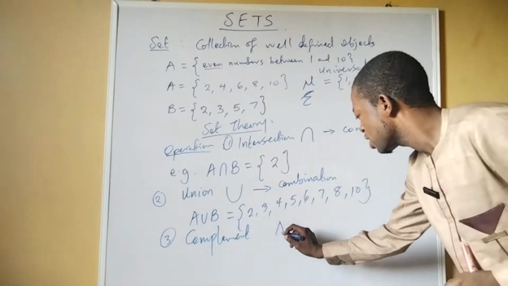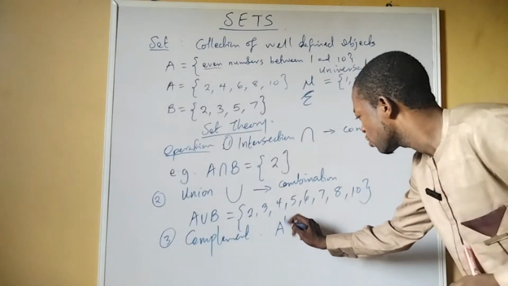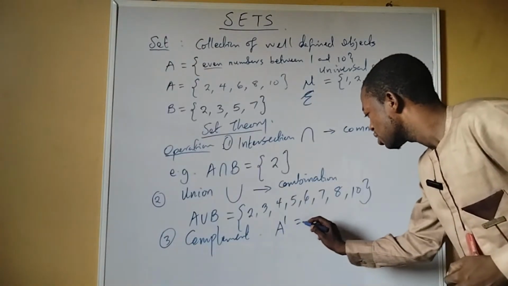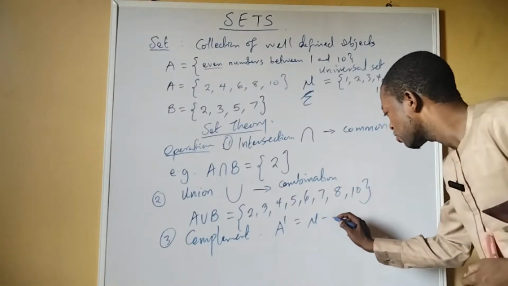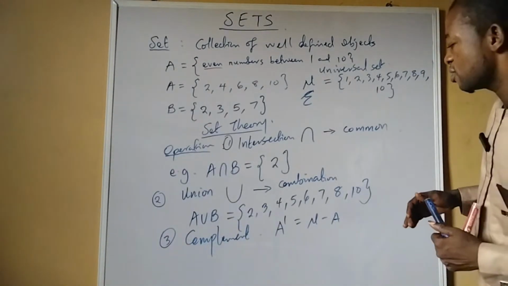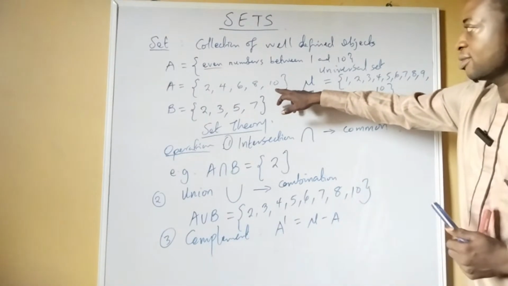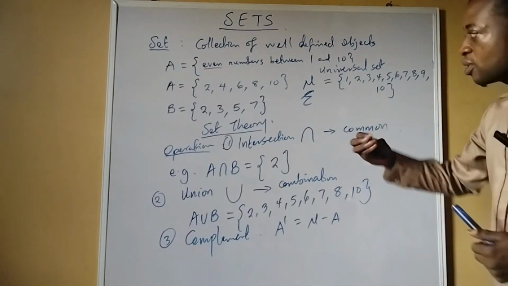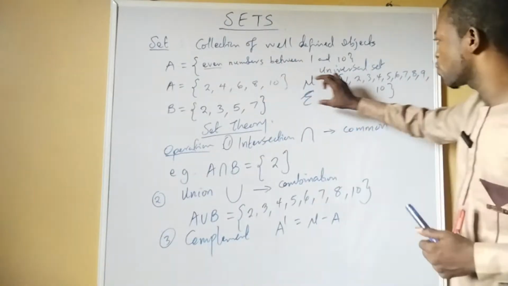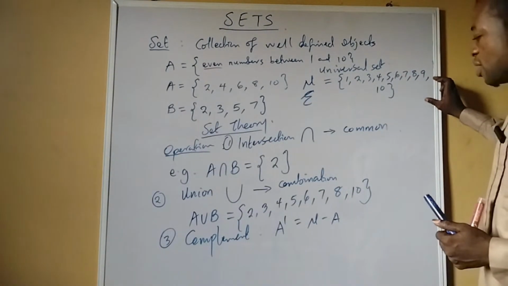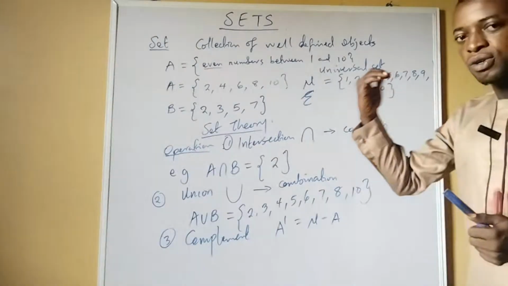So if I want to write A complement, A complement means the universal set minus A. That is, the elements that are not in A but are in the universal set. In other words, take set A away from the universal set. Whatever remains is the A complement.